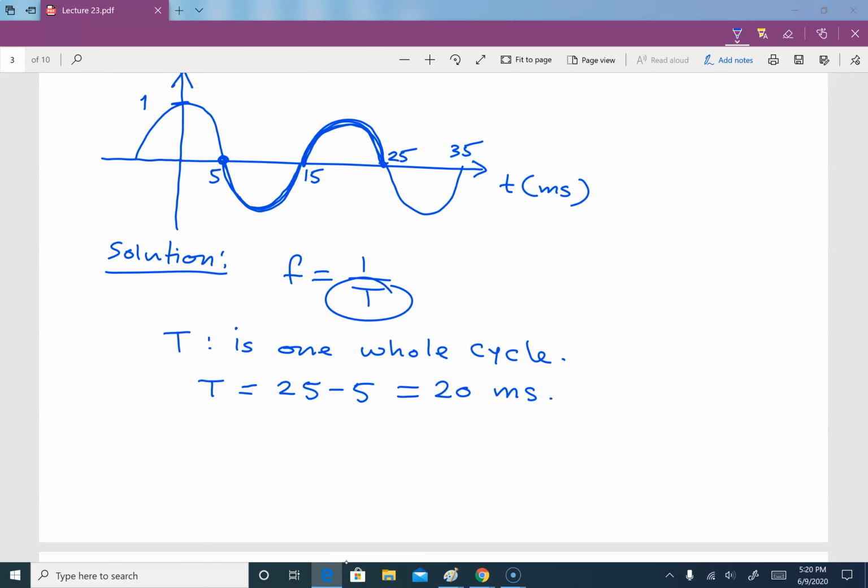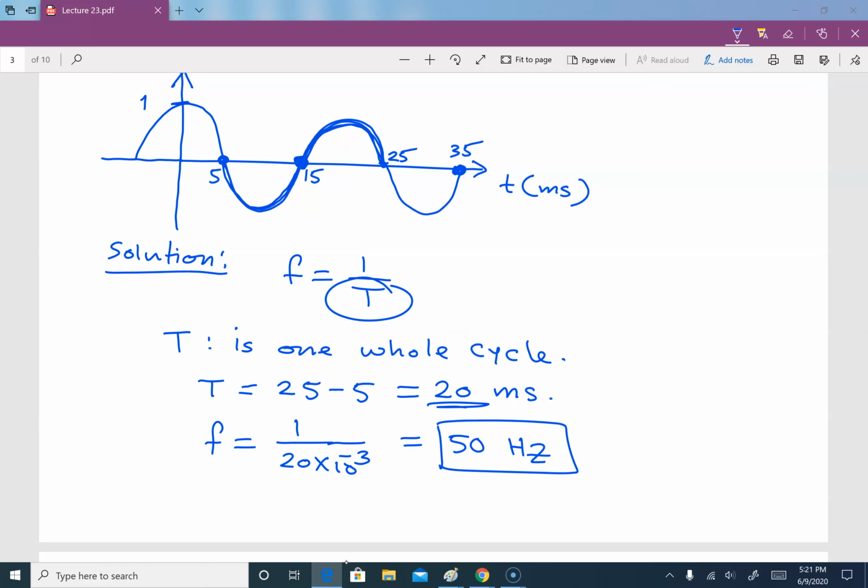Since our period is 20 milliseconds, we can find the frequency. Frequency is 1 over T, which is 1 over 20 times 10 to the negative 3, and the answer is 50 hertz. Of course, you can go from this point here to this point over here, which is also a complete cycle. So 35 minus 15 is 20 again, which is 20 milliseconds.